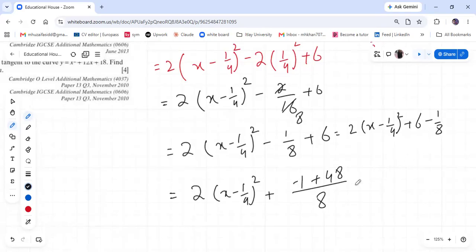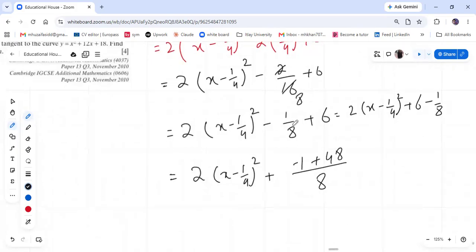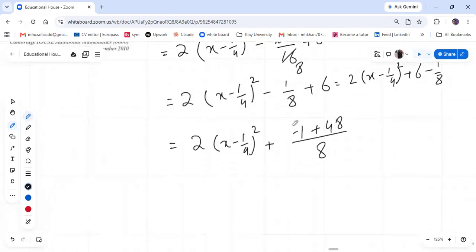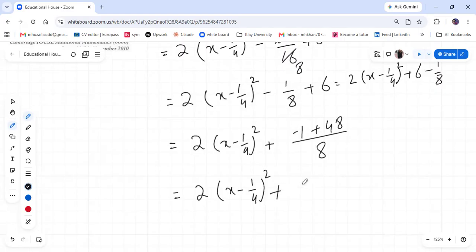Now you can understand why I am putting plus and minus 1. Can you understand it? So after this, it is 2 into x minus 1 over 4 squared plus 47 by 8.